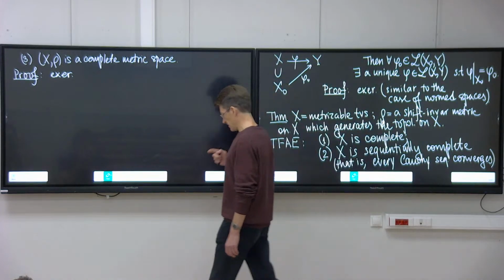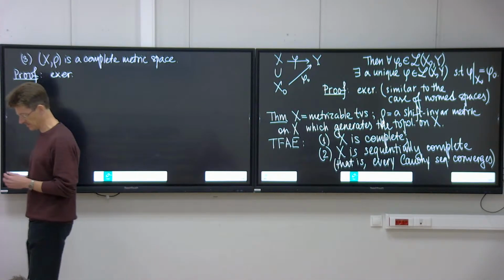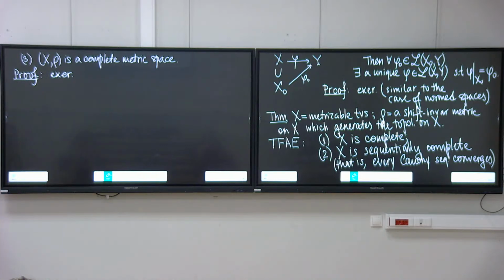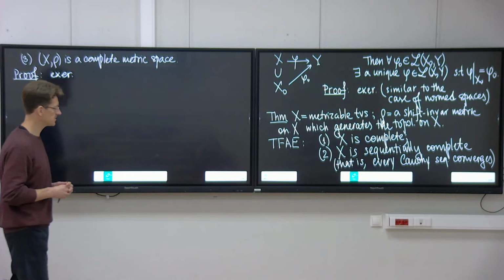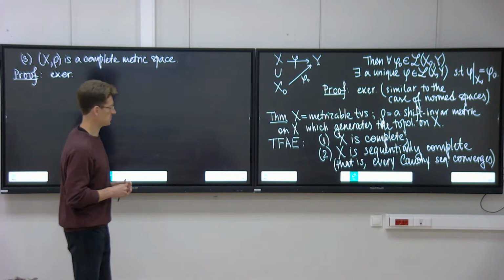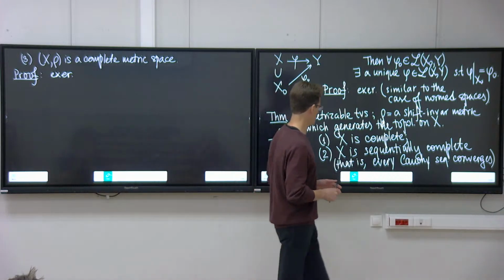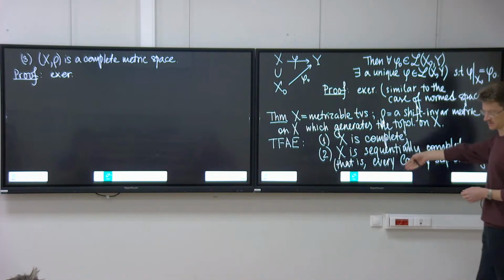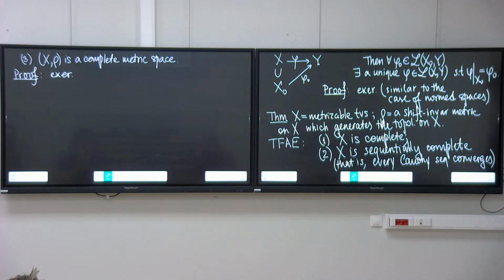Okay. So now we have two kinds of completeness: completeness for metric spaces and completeness for subsets of topological vector spaces. We see that they are compatible in the sense that this theorem is true.